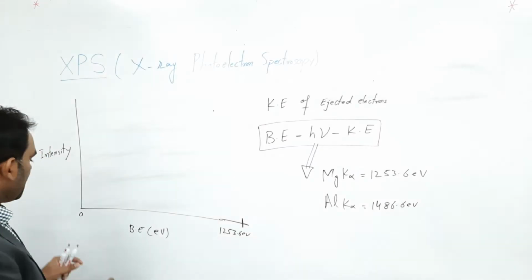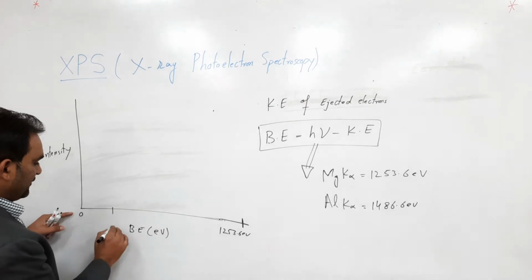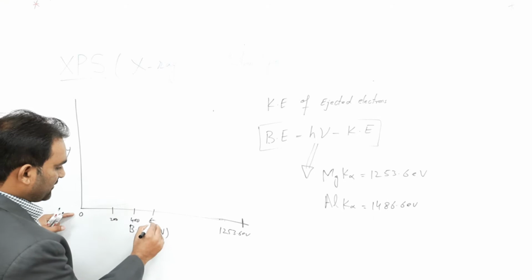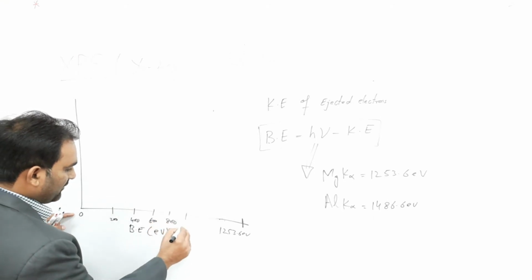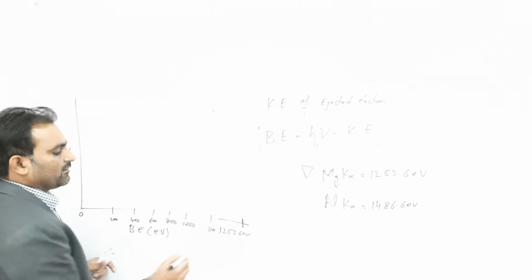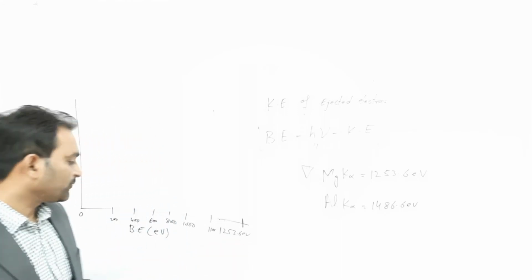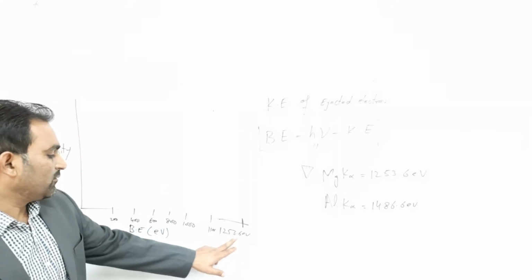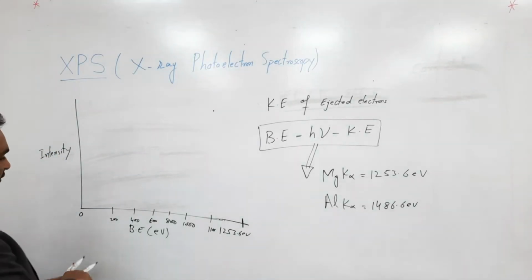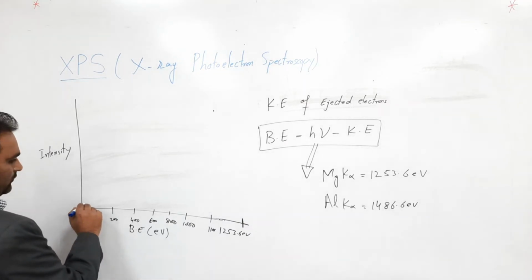Suppose you have this point of 0 and then 200 electron volt, 400, 600, 800, 1000, 1200, and then 1253.6 electron volt. You can get this sort of pattern.